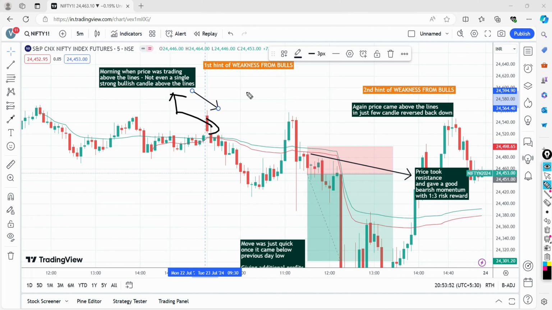That means price opened above the lines, but at this location fresh business bulls are not interested to come and take a bullish position and push the market towards the upside. Fresh business is not coming from the bulls. That is weakness from the bulls, the first hint of weakness from the bulls.